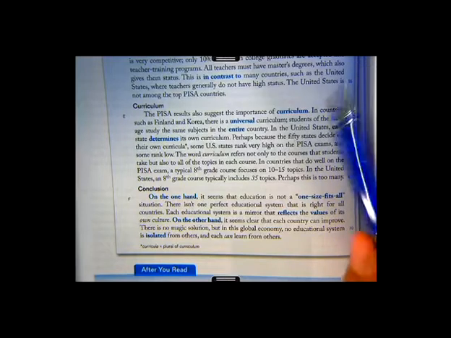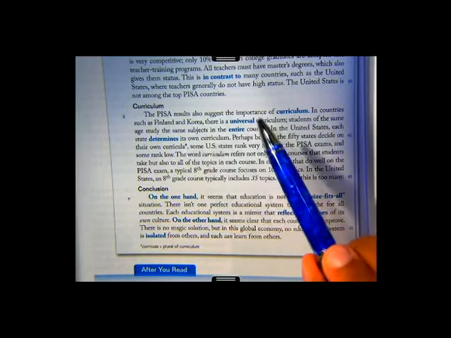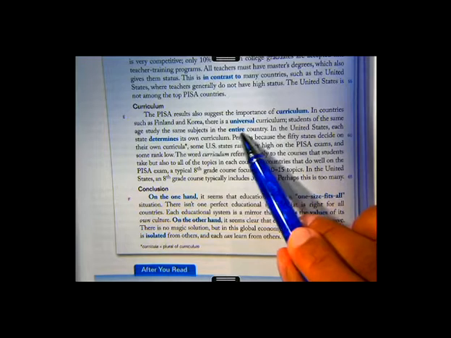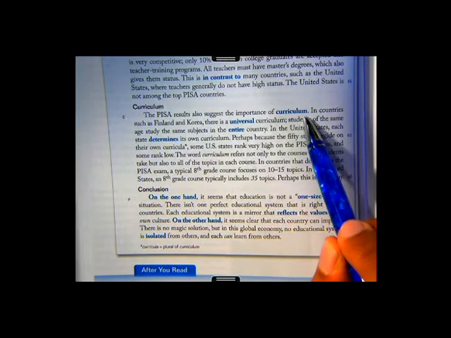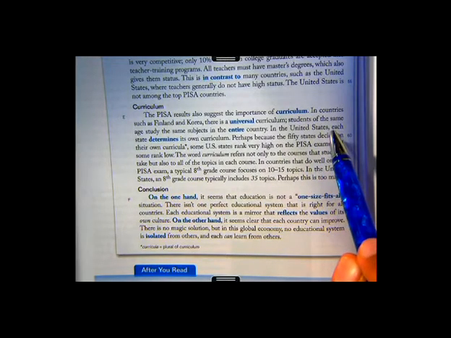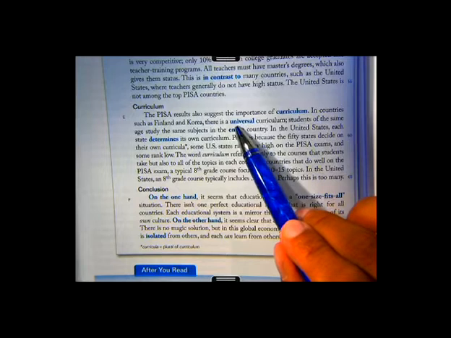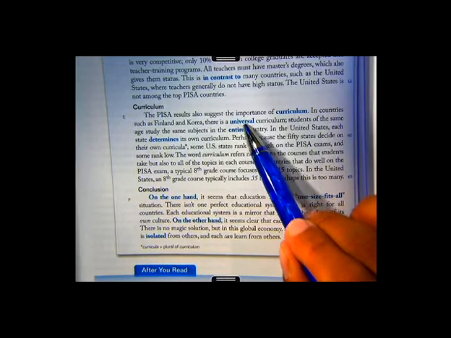So the words are curriculum, universal, entire, and determines. The correct answer is entire. Let's read the sentence from here. Students of the same age study the same subjects in the entire country. All right? Or actually, the correct answer is, sorry, it's not this one. I'm sorry, I just missed it. It's the next line. It's universal.